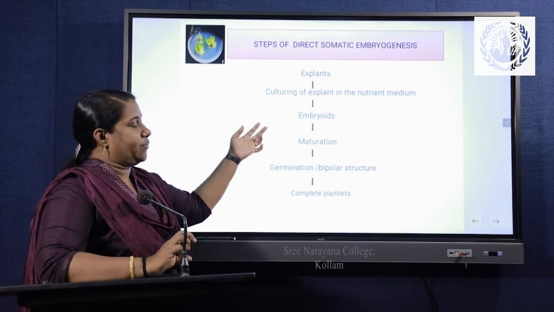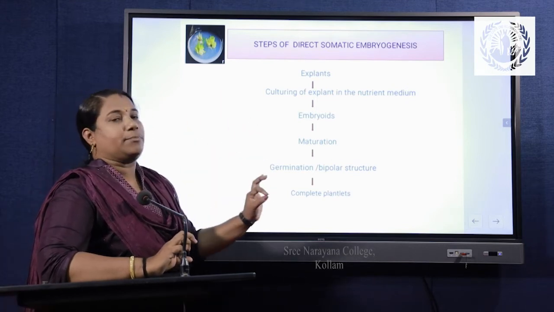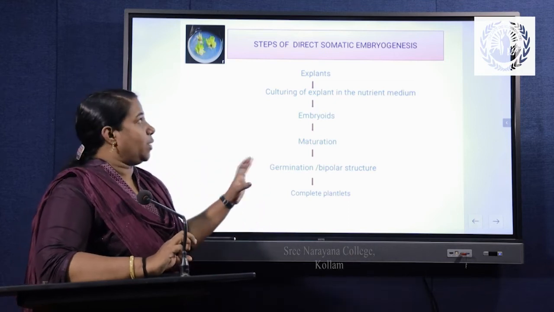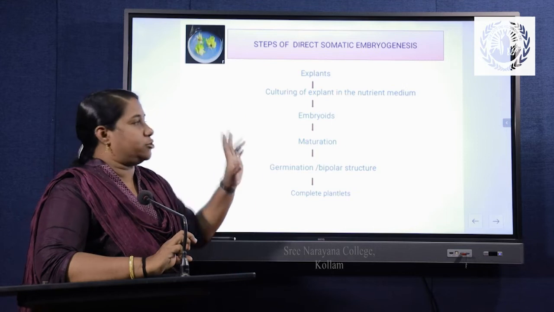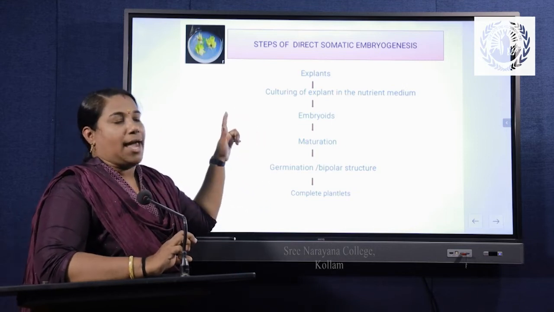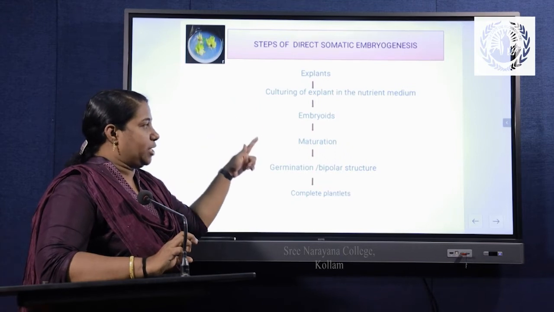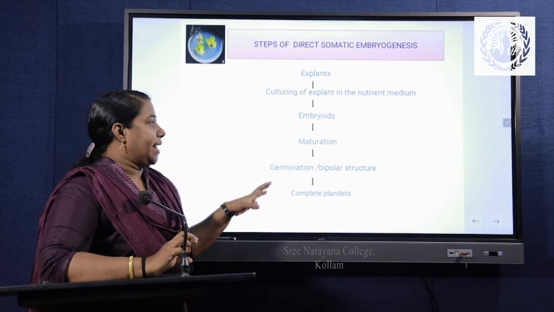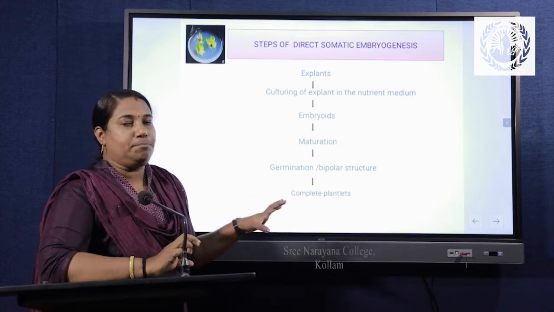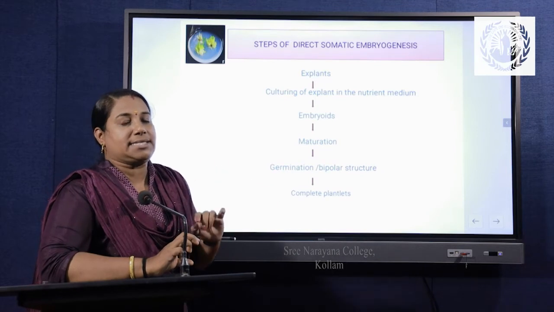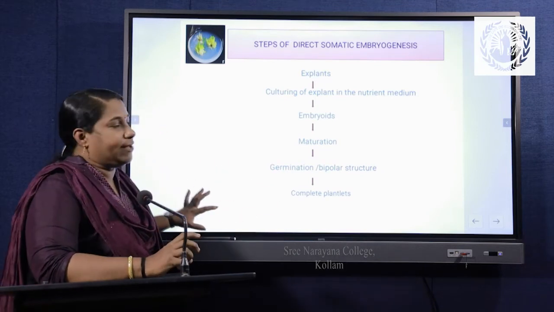After that, embryos develop directly from the explant without the formation of callus. That is very important in direct somatic embryogenesis. After maturation, it germinates to form a bipolar structure and is transformed into complete plantlets, and these can be hardened and established in the field for further development.